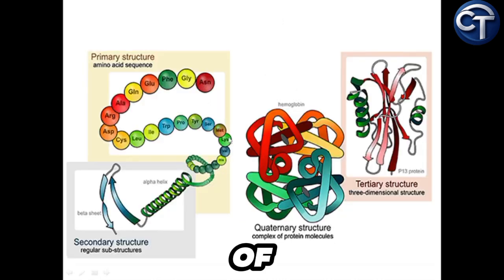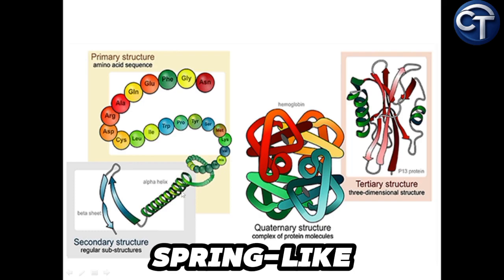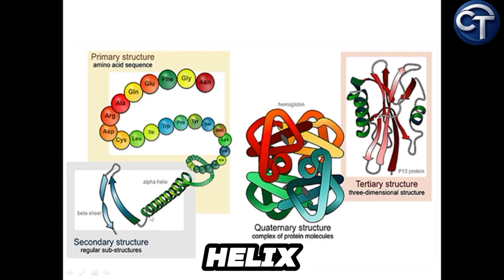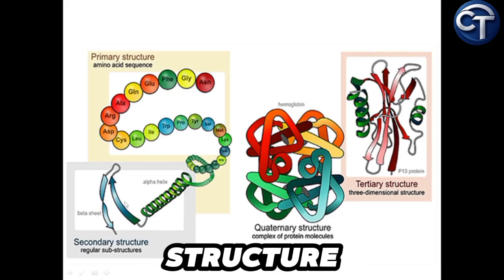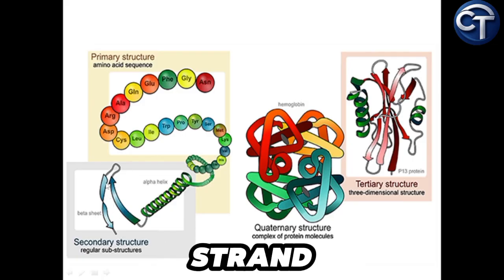In the chain of amino acids, there are coils to form a spring-like structure. Spring-like structure is known as alpha helix. Sometimes they do not form a coil and form a sheet or a strand-like structure. This structure is known as beta strand.